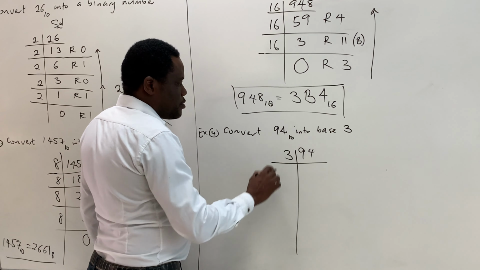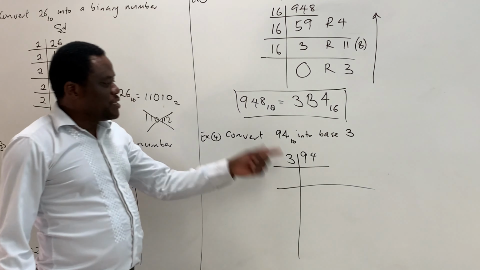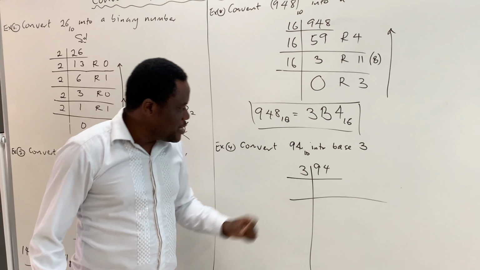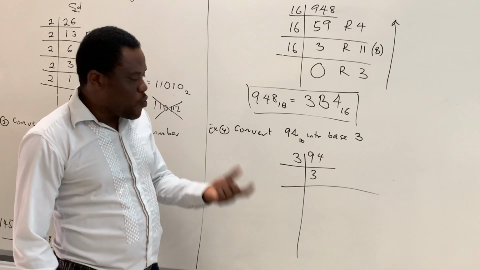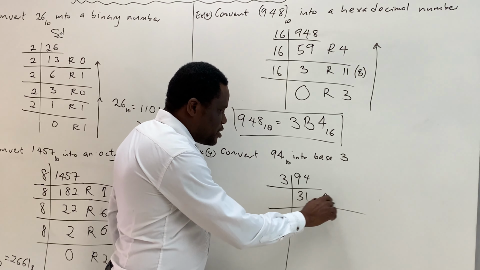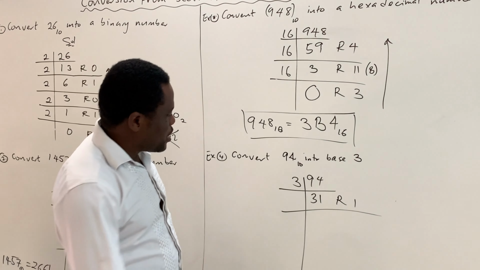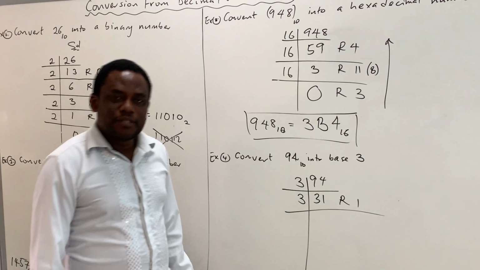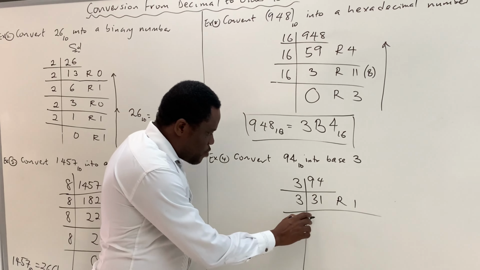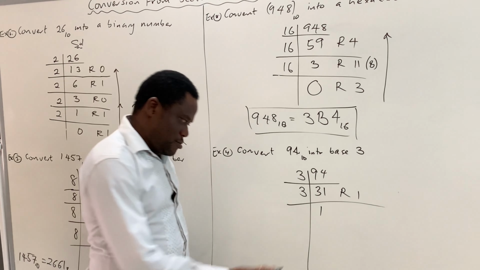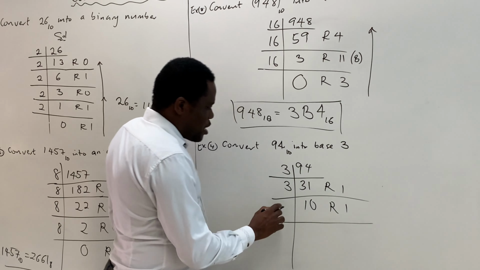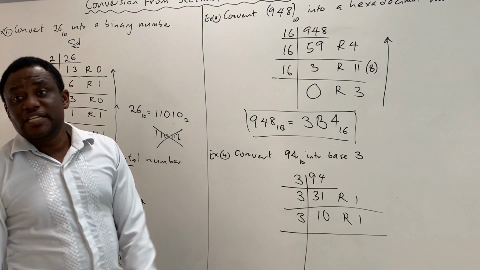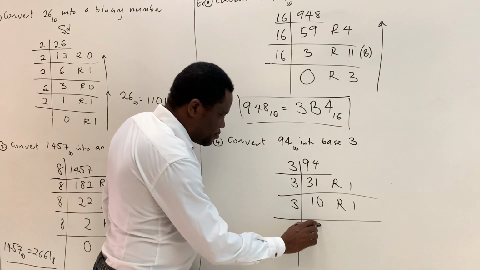94. How many times? 3 goes in 9 is 3. Nothing left. 3 goes in 4 is 1. What's remaining is 1. 3 again. 3 in 3 is 1. 3 in 1 is 0. What is left is 1. Again, 3. 3 in 10, 3.